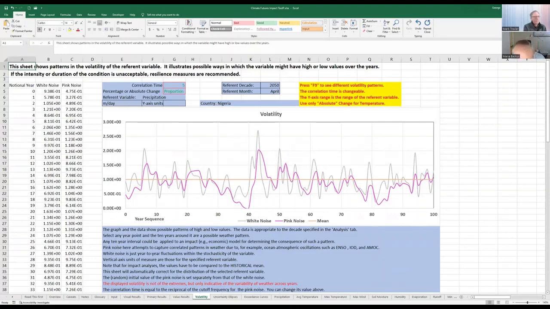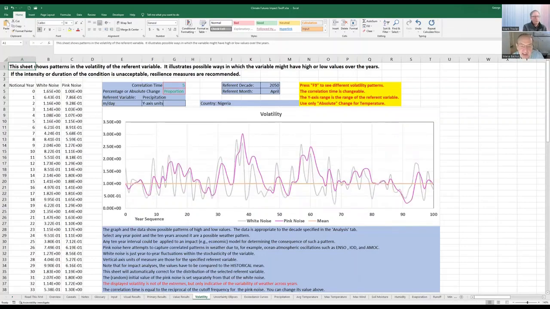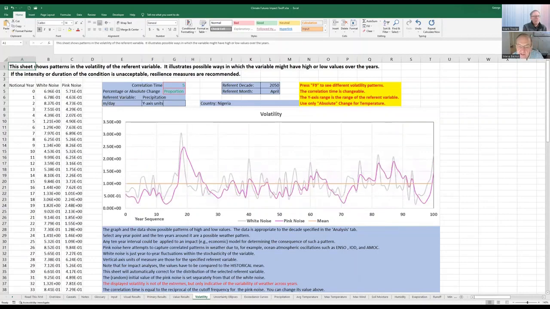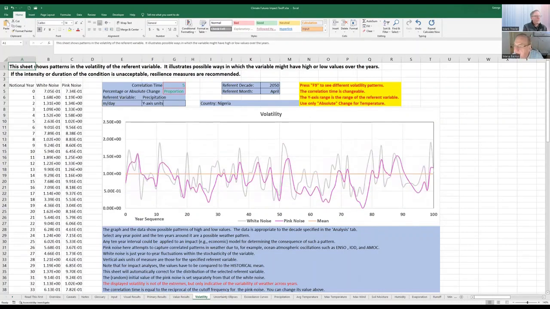And if you're designing something, can you see this pattern? By definition, there's a 1 in 100 chance that the highs and the lows will occur. I mean, roughly speaking, there's a 50% chance that there's a 1% chance that this will occur. And you can go through and, by hitting function F9, see all these possibilities.